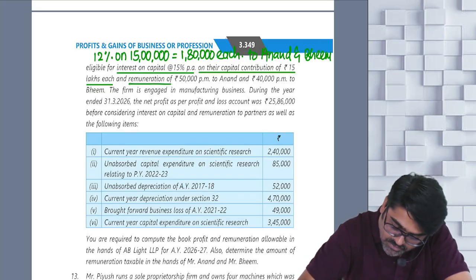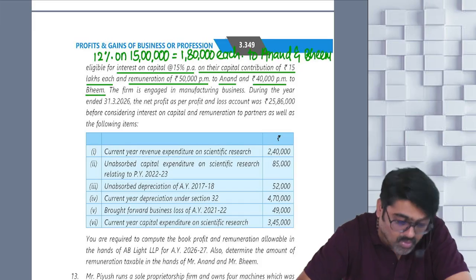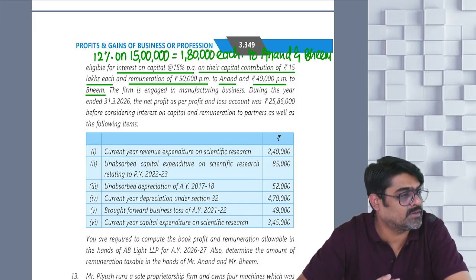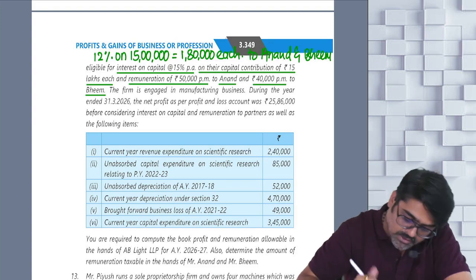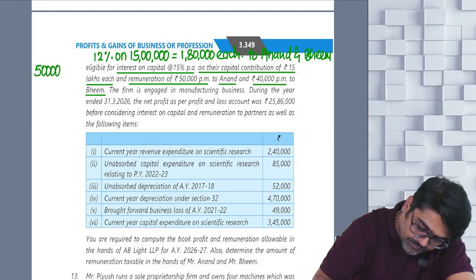And the remuneration of 50,000 per month to Anand and 40,000 per month to Beam. The partnership deed is authorizing that Anand should get a remuneration of 50 and Beam a remuneration of 40. So tell me, how much is the actual remuneration given? To Anand it will be 50,000 into 12, 6 lakh.